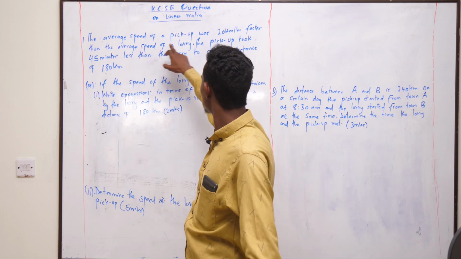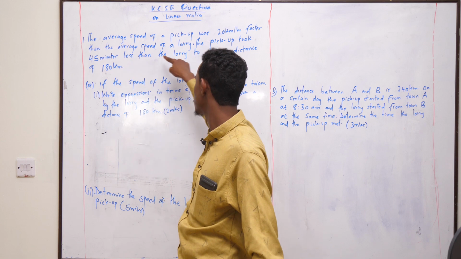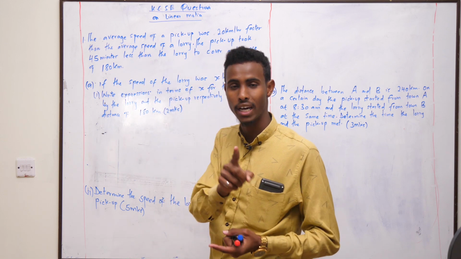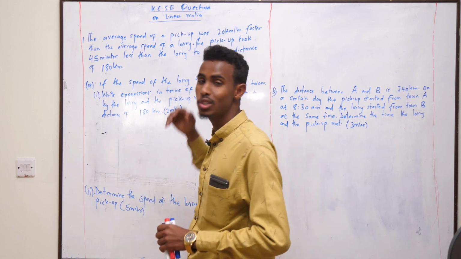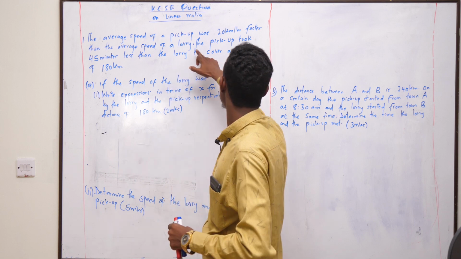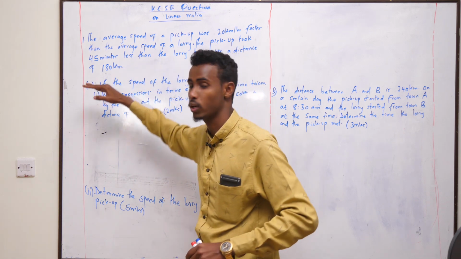The average speed of a pickup was 20 kilometers per hour faster than the average speed of a lorry. You can see here we have a lorry and a pickup, and the pickup is 20 kilometers per hour faster than the lorry. The pickup took 45 minutes less than the lorry to cover a distance of 180 kilometers.